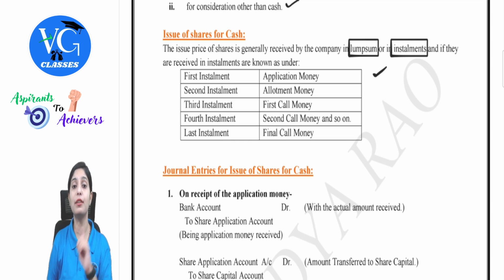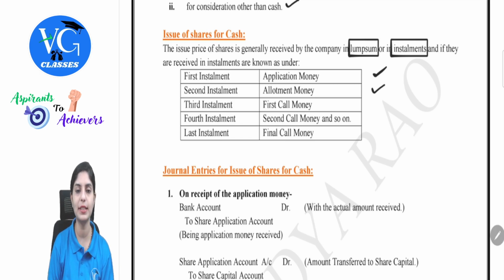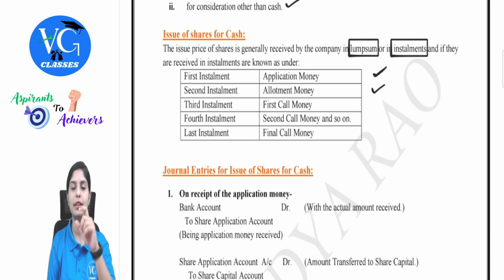The second installment is the confirmation by the company that I will allot you the number of shares subscribed. At that point of time, the company will receive allotment money. This safeguards the confirmation that the shareholder is going to get whatever number he had applied for.